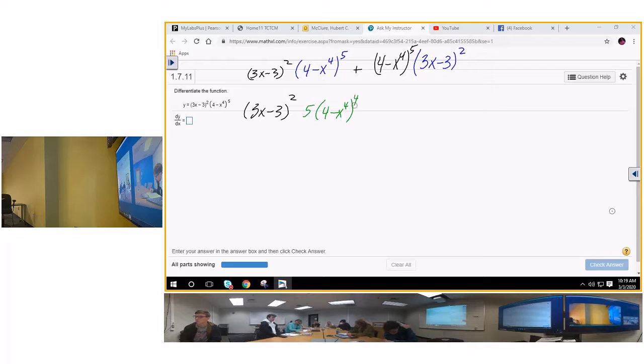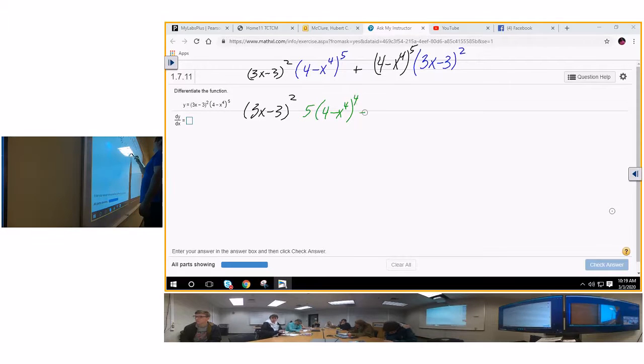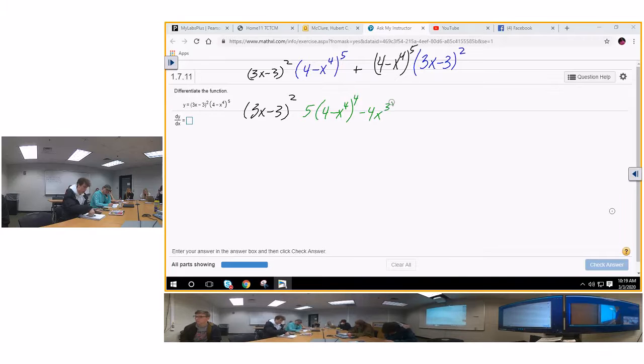And then what's the derivative of what's inside? Negative 4x to the third.